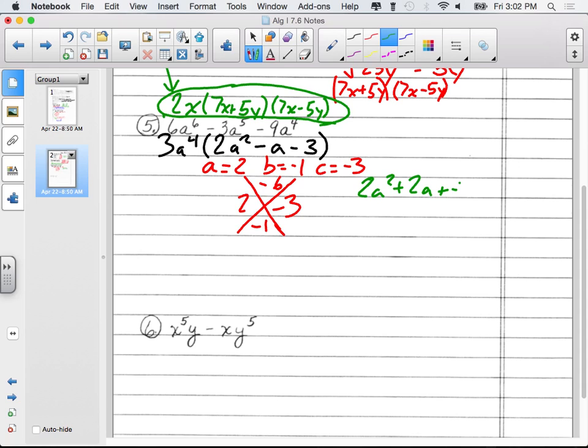2a plus -3a plus -3. Where are you getting 2a squared? From before. We were just factoring this trinomial right there. So we rewrite it as a four-term polynomial. Now we can start factoring by grouping, right?